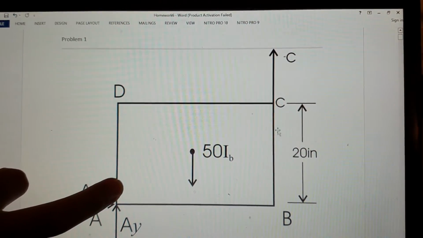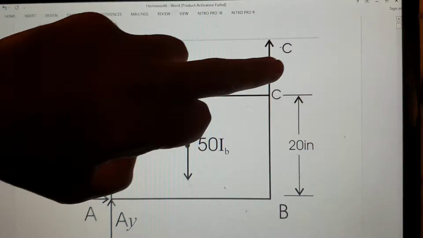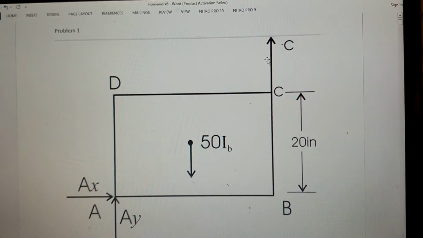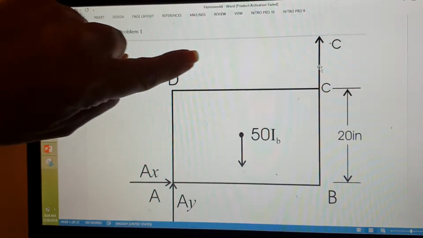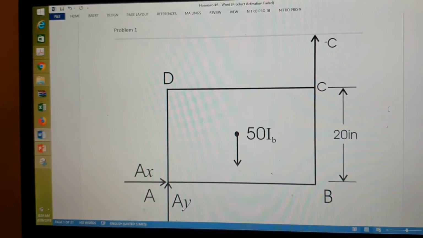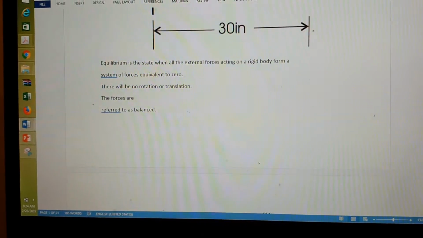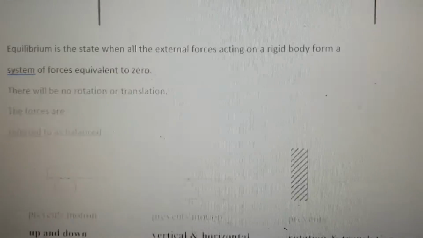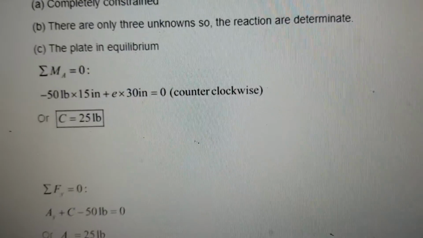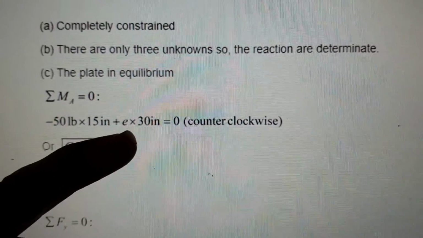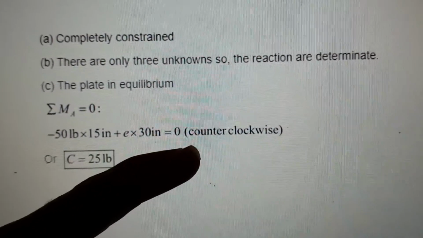And this one, reaction C, will pull the whole plate counterclockwise. And we have to know the vertical distance is 30. So C times 30 minus 50 times 15 equals 0.